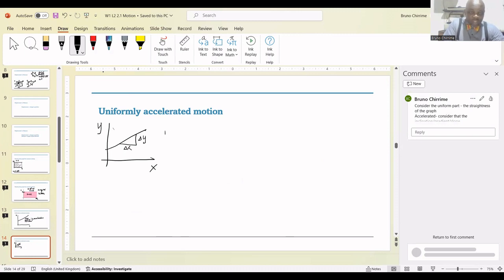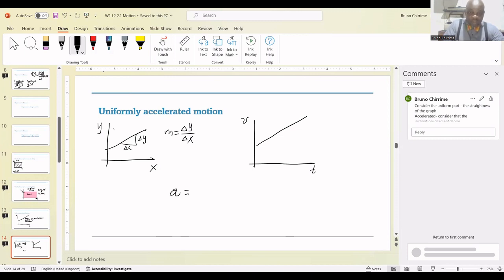So that was what we call the gradient. Similarly, since velocity is on the y-axis and time on the x-axis, if we consider the change in v over the change in t, we will be calculating a gradient of a vt graph. And we know that the gradient of a vt graph now will give us acceleration. So acceleration is by definition the change in velocity over change in time.